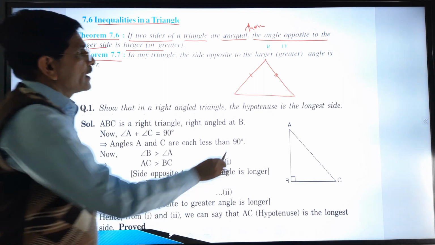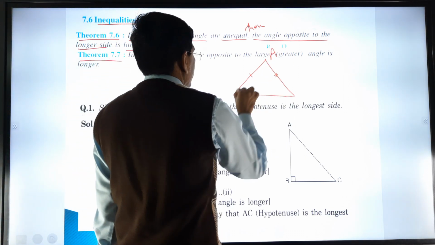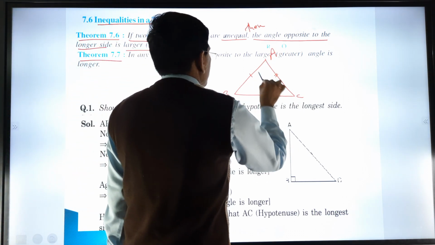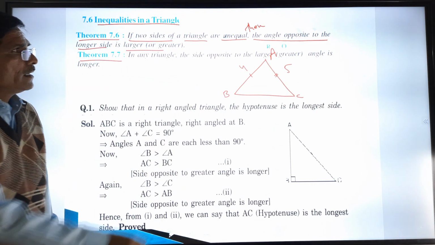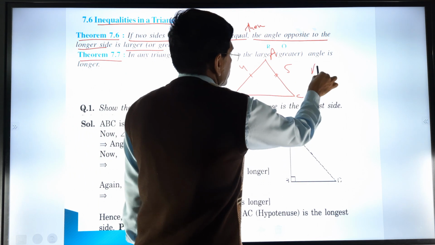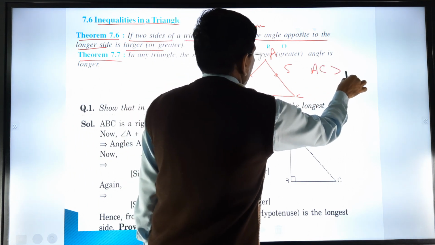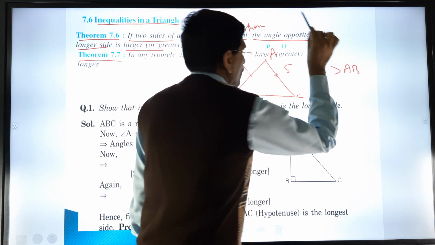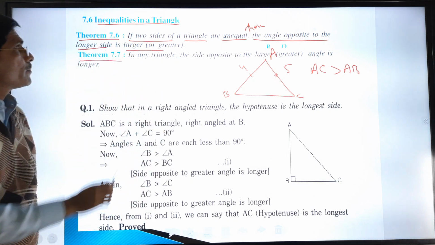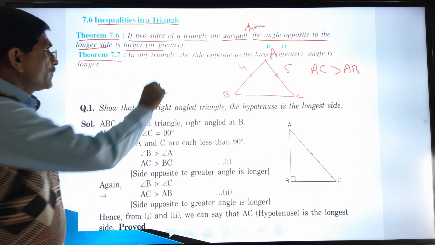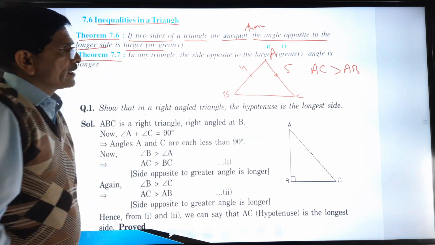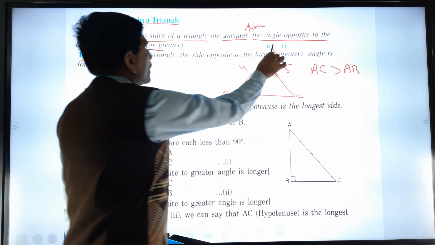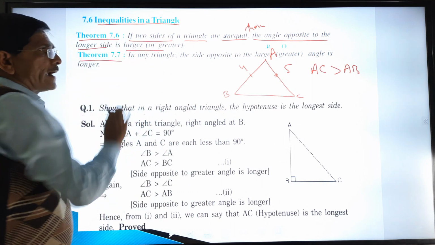So if I write A, B and C, here it is 4 and here it is 5. Now AC is greater than AB according to theorem 7.6. If two sides of a triangle are unequal, here AC is greater than AB, then the angle opposite to the longer side is larger.